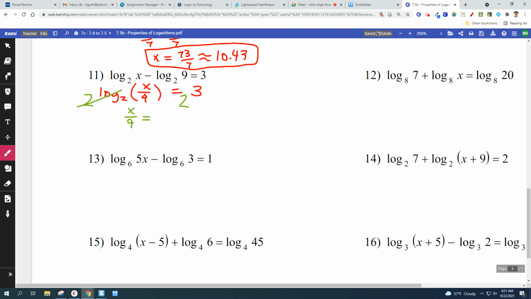It's not 2 times 3, it's 2 times 2 times 2. That's 8. And then last step, just isolate the variable. We're going to multiply both sides by 9. 8 times 9, 72.